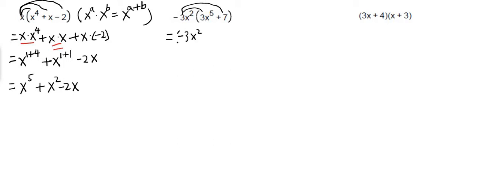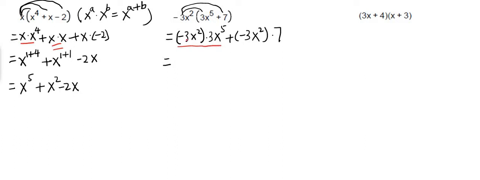Because it's negative, I suggest you put parentheses, times 3x to the power 5. Again, the second term is -3x squared times 7.